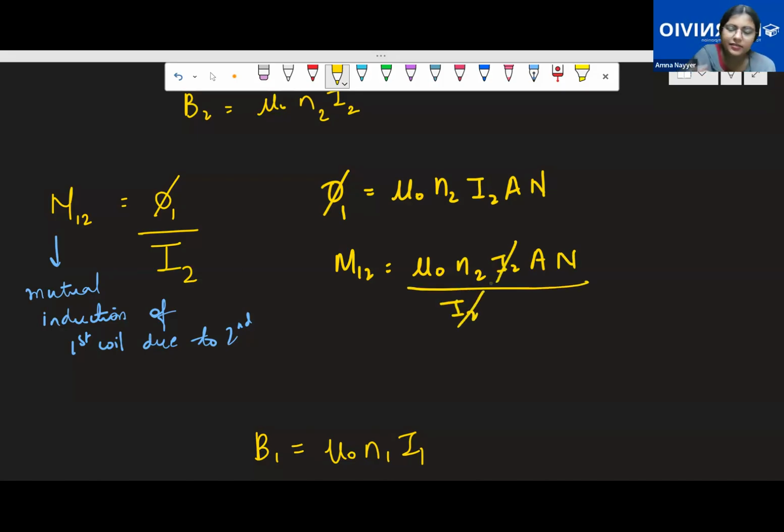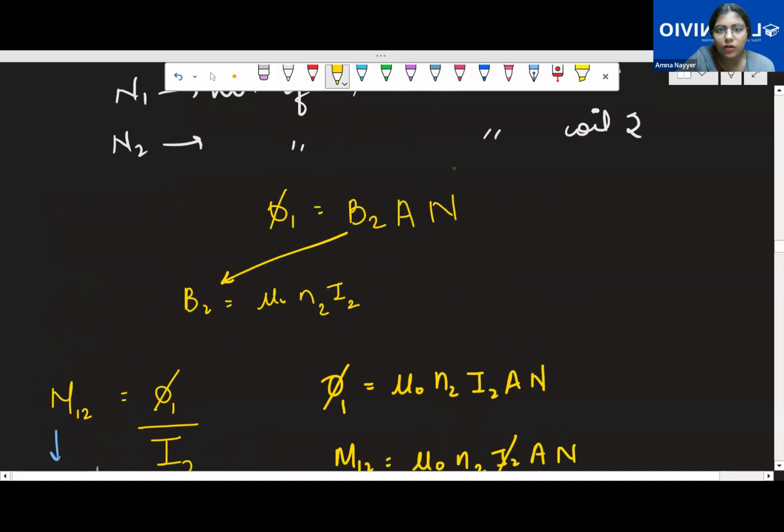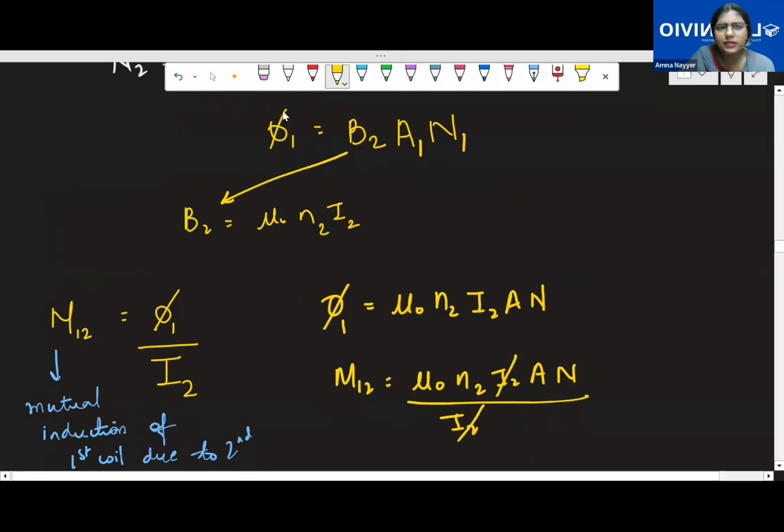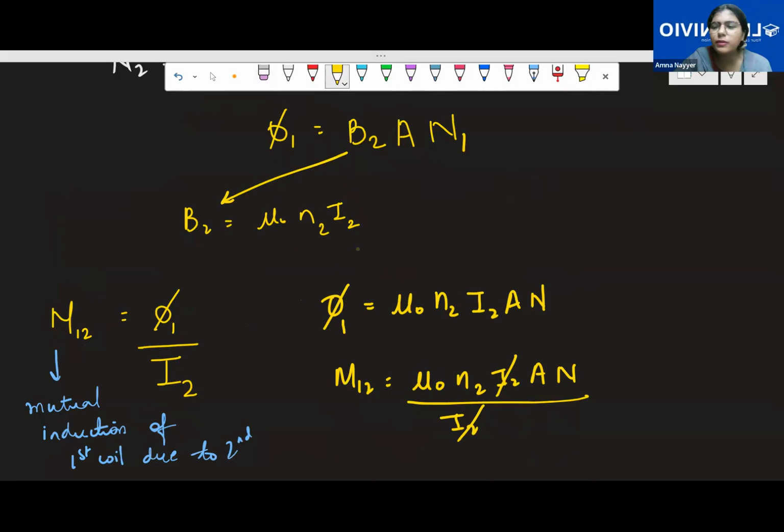Current gets cancelled, and let us replace capital N also. Capital N will be equal to small n into L. Now what was this N from? I didn't write 1 or 2. Flux 1, so N1 will come. Area I'm taking common. Area of the coils will be the same.